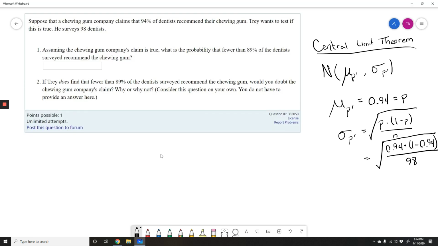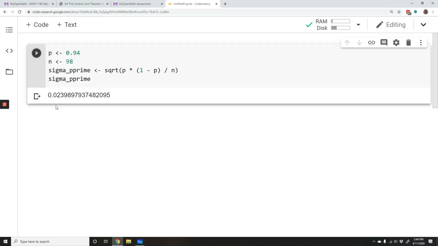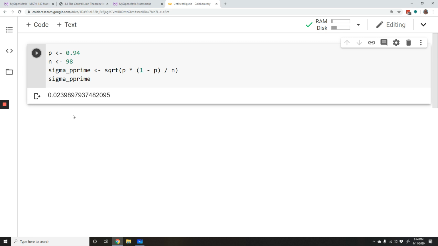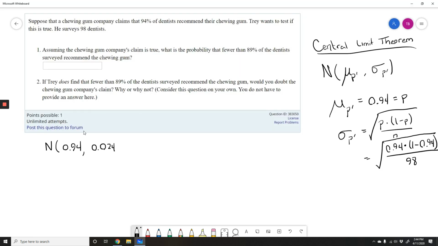So our distribution is a normal distribution with mean 0.94. And we just found the standard deviation of the distribution is about 0.0240.